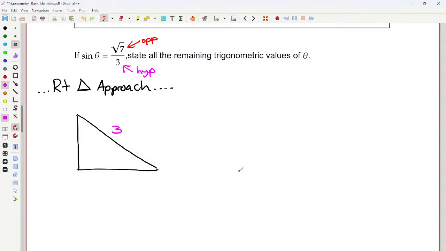So we would have called this 3. First of all, we've got to put a 90-degree angle in. We have to put our theta in, and then opposite theta would be root 7. And this is why I'm not going to finish it, because now it's like the question right above it. And if you like this method, please, you don't have to detour from it. Find the missing side, find the remaining things, done.